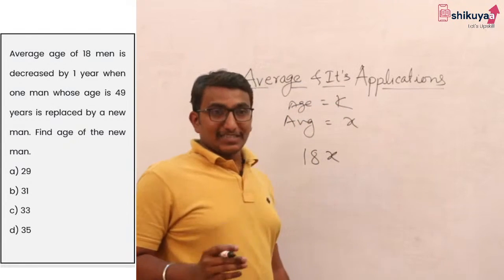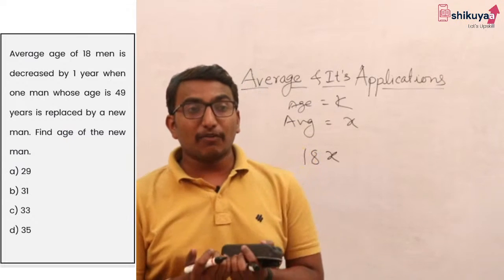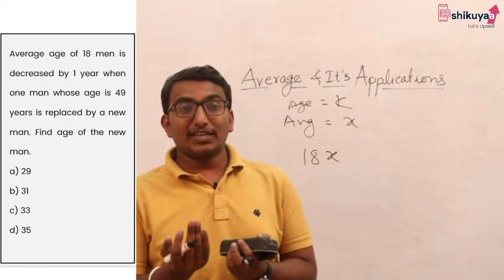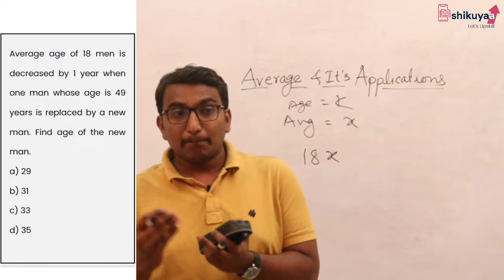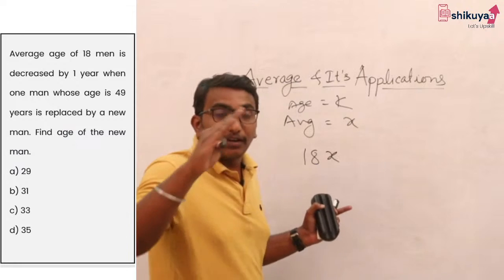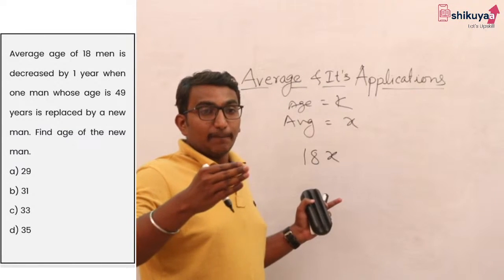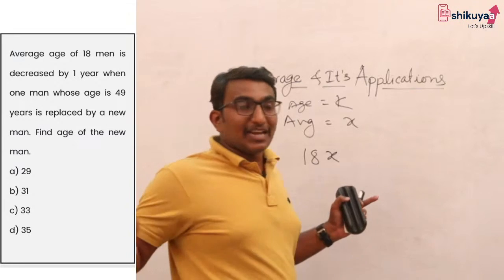Okay, so see, now the average is going to decrease by 1 year when one man whose age is 49 years is replaced by a new man. So the new man is coming in the set, and the earlier man whose age is 49 is leaving that group.